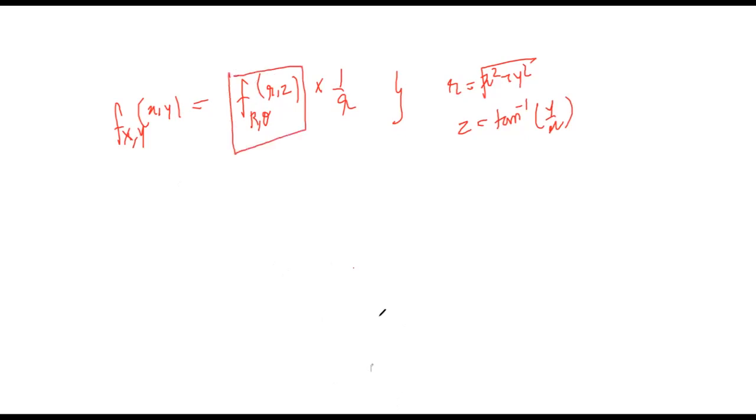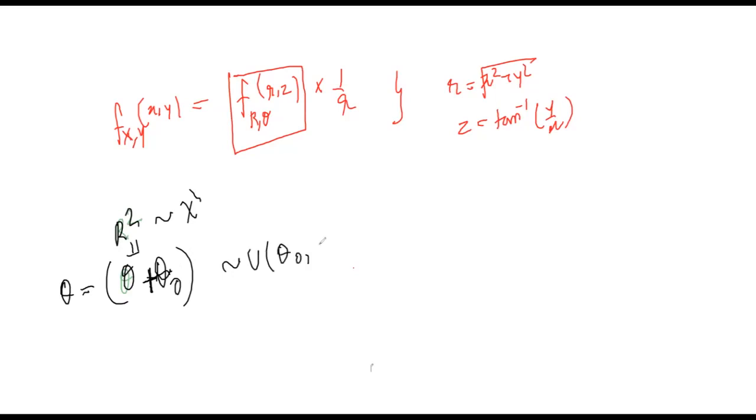Now observe that we are given the information that r square and theta are independent of one another. R square follows chi square and theta follows uniform theta naught comma theta naught plus 2 pi.